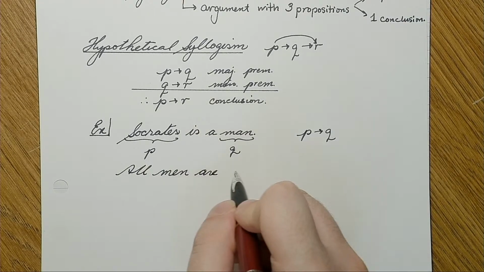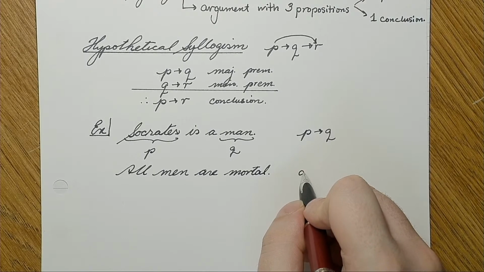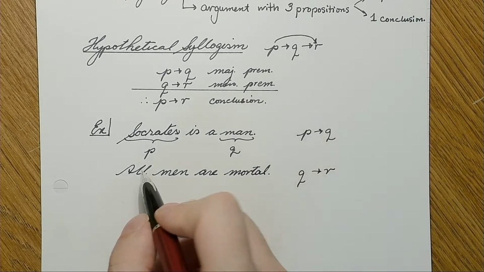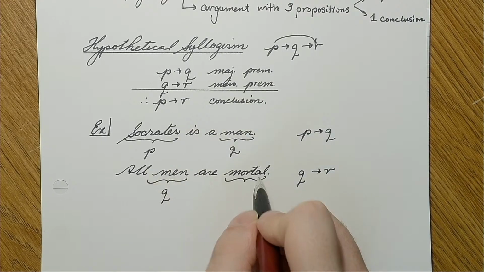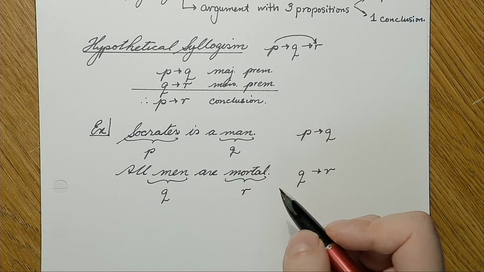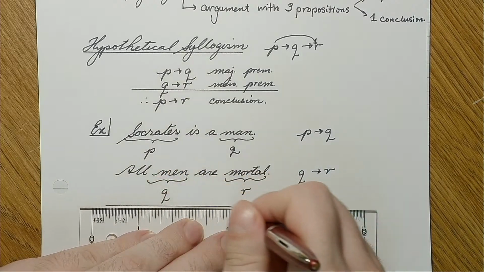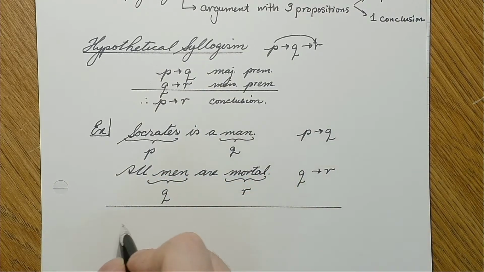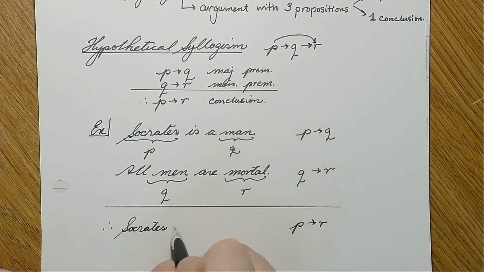All men are mortal. So here we have Q, here is the R, and then we can finish this off with, therefore, Socrates, so we have P implies R, which means that Socrates is mortal.